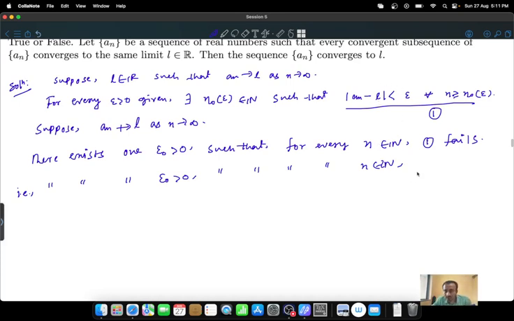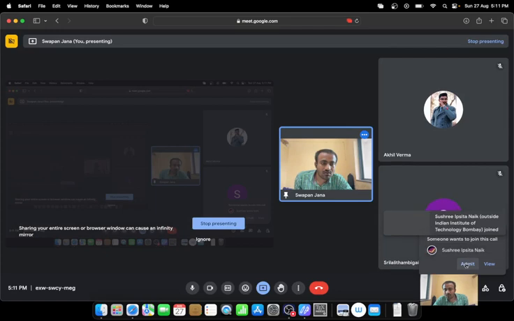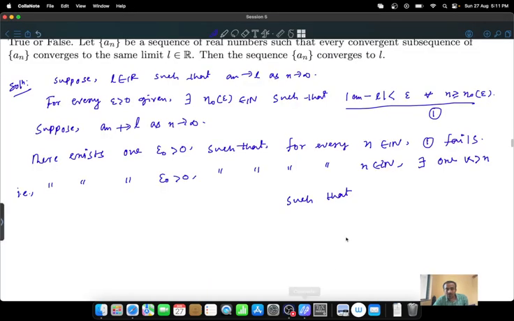So for every n belongs to N, this was true for all n greater or equal to n epsilon, so there exists at least one k bigger than n such that this condition fails.